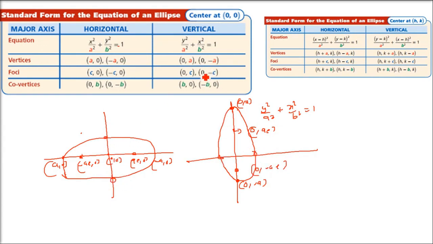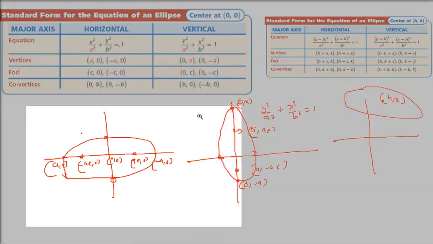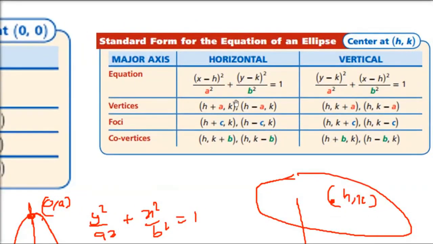So there is one more thing. We always thought that the center will be at 0, 0, but it's not always the case. The ellipse can be in any orientation, any direction. It can be like this. What will you do? If the center is not 0, 0, but rather h and k, we have to change our equations and results.